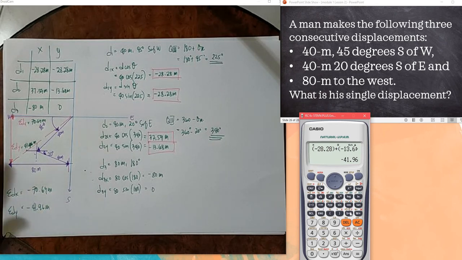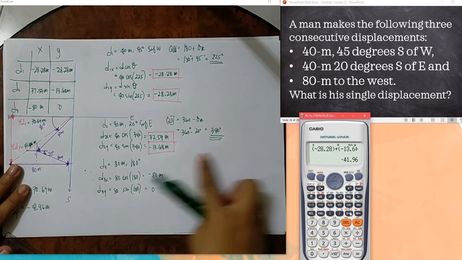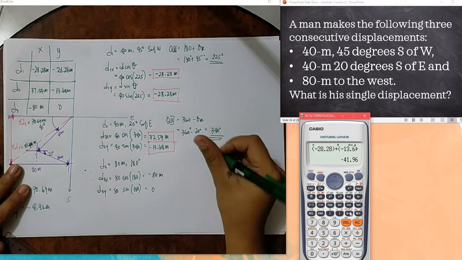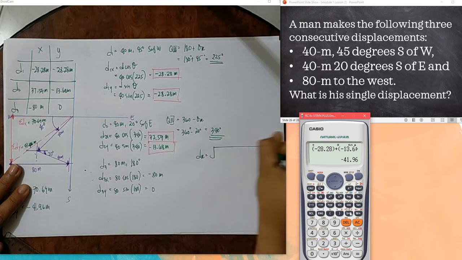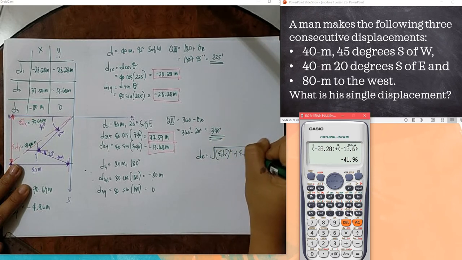Okay? Now that we have our summation of x and summation of y, it is time to solve for our resultant magnitude. Here I will put the magnitude calculations. We have d sub r equal to the square root of the summation of d sub x squared plus the summation of d sub y squared.